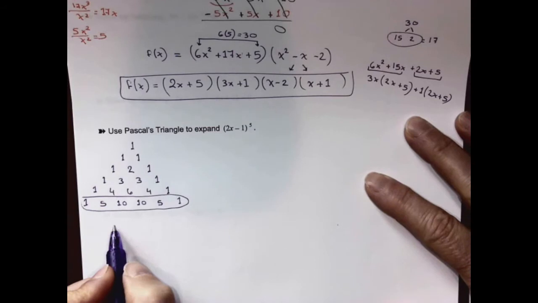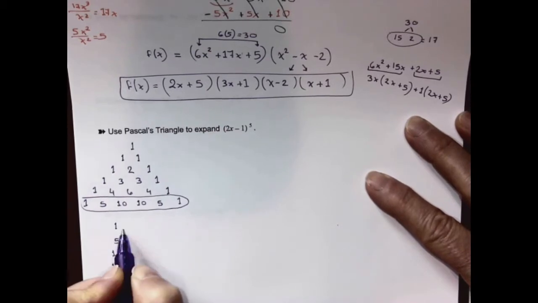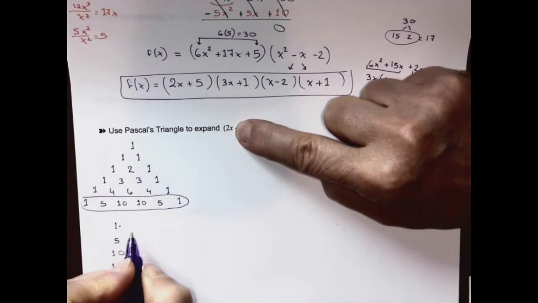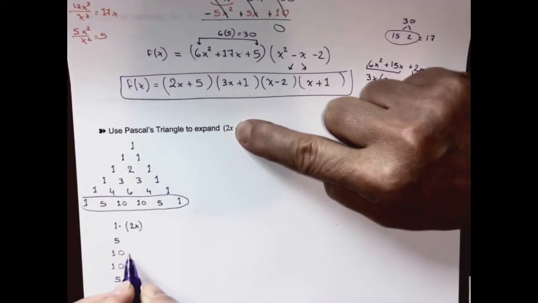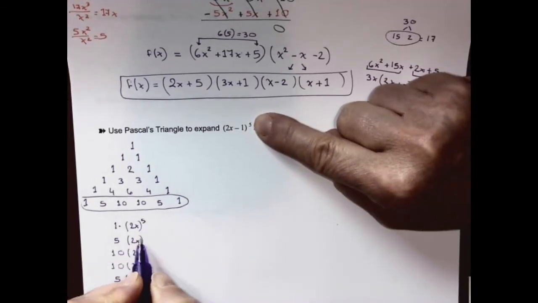So I'm going to have a 1, a 5, a 10, a 10, a 5, and a 1, multiplied by the first term in the binomial, so 2x, and we are going to have all of those multiplied by 2x. I'm going to start with the 5, right? So to the 5th, and counting down, 4, 3, 2, 1, 0.